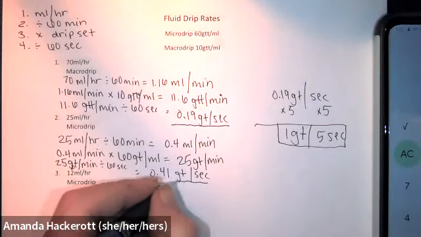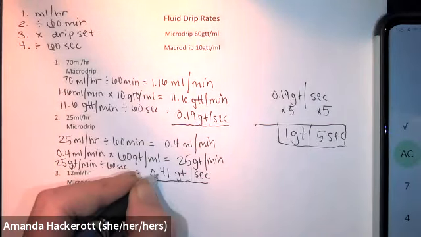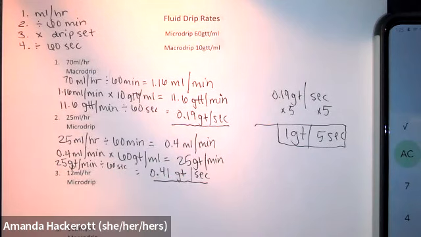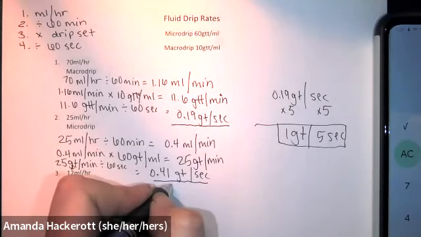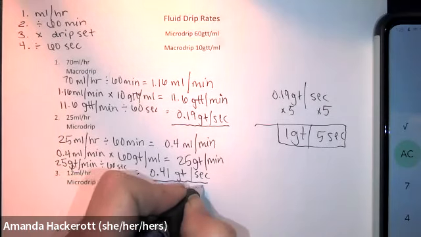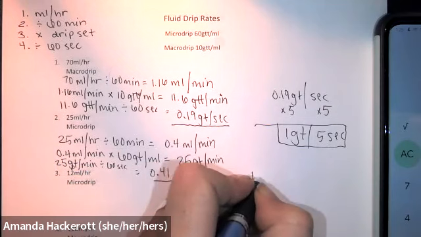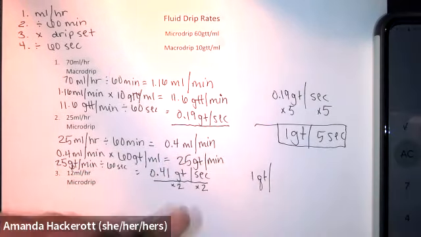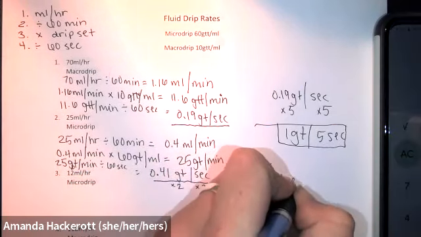So how do I get 0.41 drops in a second to more of a whole number that I can actually witness a full drop? We're going to go ahead and say that this is close enough to half of a drop, right? So we're going to go ahead and times both sides by 2. In this case, we get 1 drop in 2 seconds.